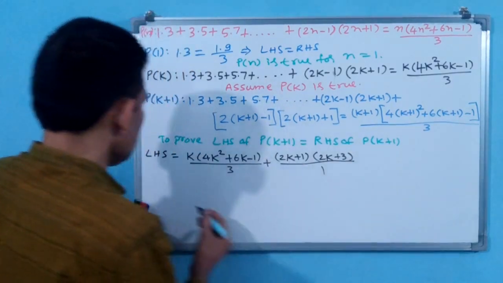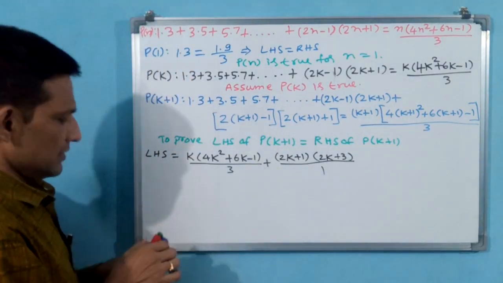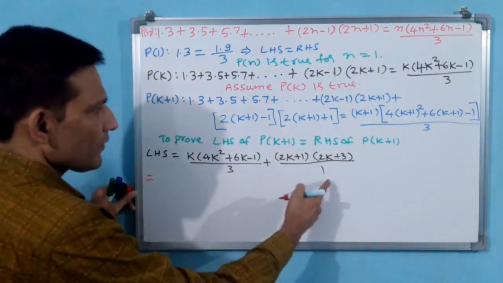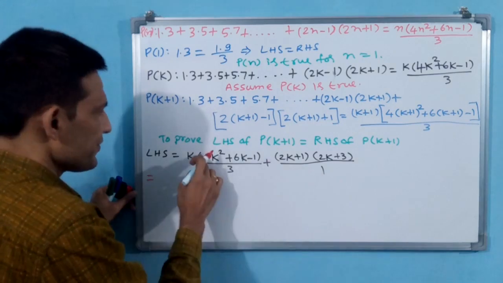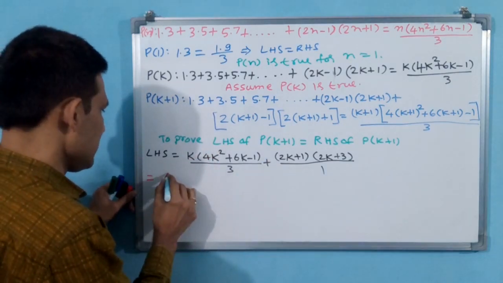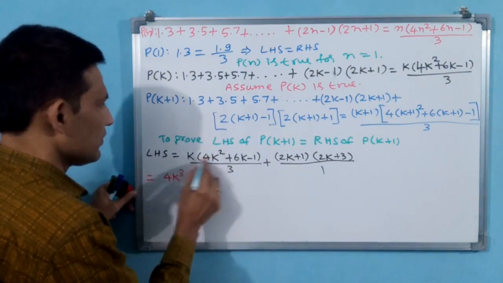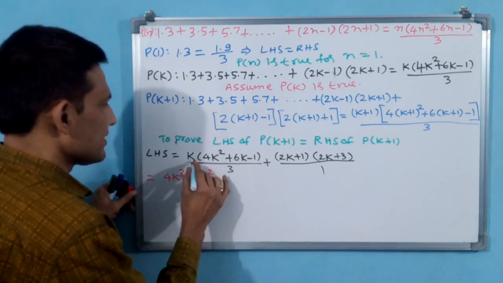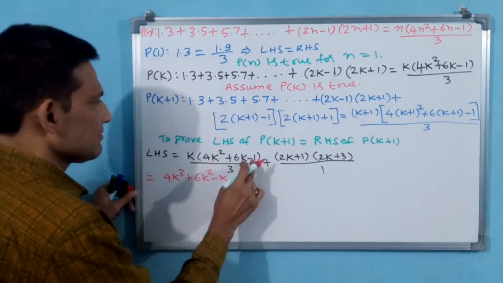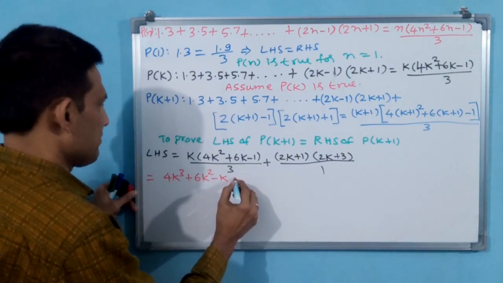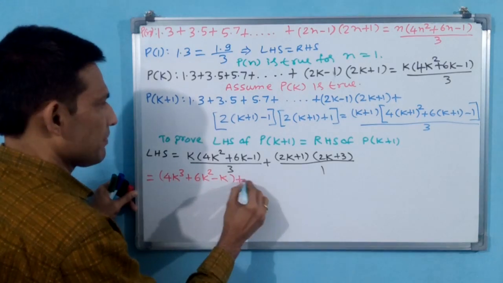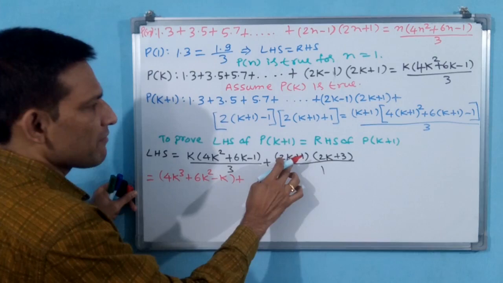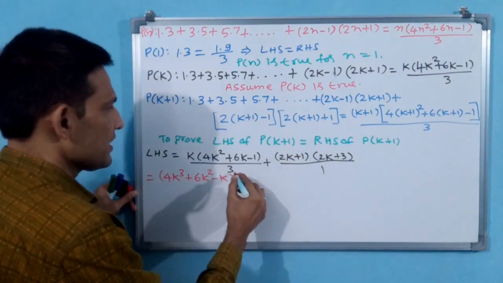I don't think space is sufficient, so let us write here. 1 into k: 4k cube, k I have sent inside, plus 6k square minus k. Plus, you see 3 I am sending. First I will multiply 1, then again multiply another one.